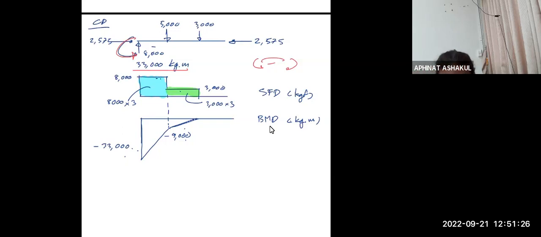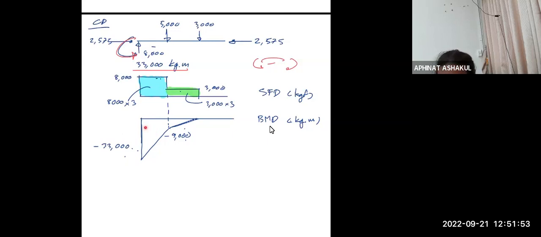Right here, your free body diagram says you have the end moment. So you will not have a bending moment diagram that begins from zero anymore. And that's your shear force diagram. Whatever you have from the free body diagram should give you the shear force diagram, and whatever you have from the shear force diagram should give you the bending moment diagram. You always stay true to that.